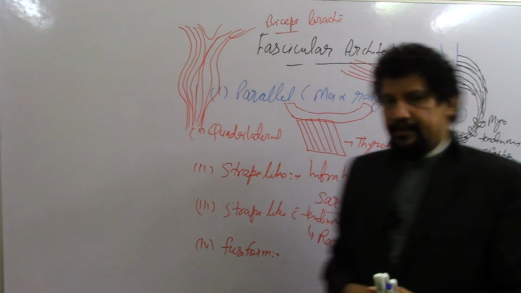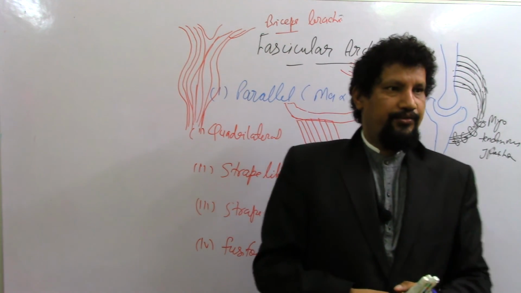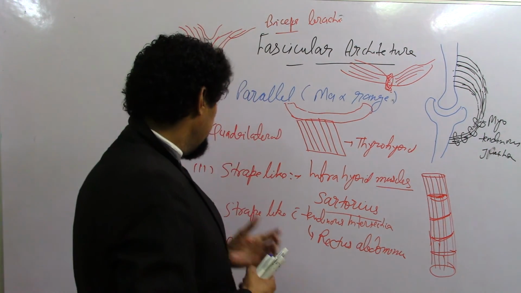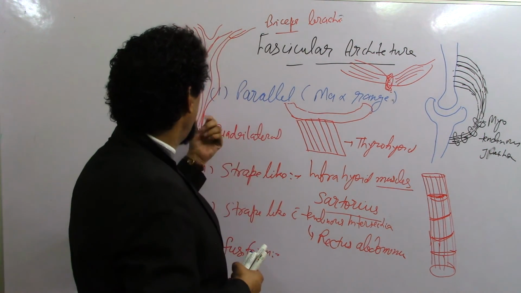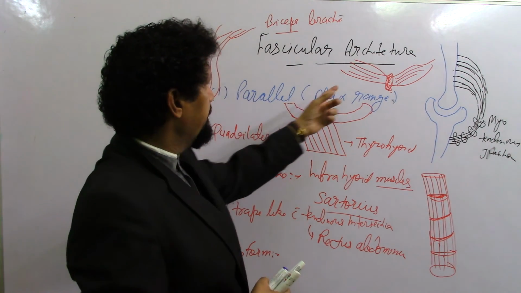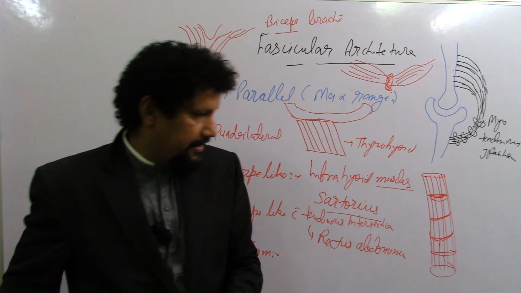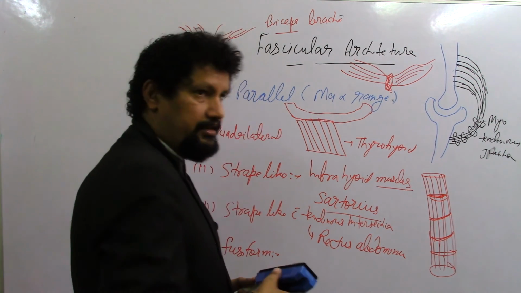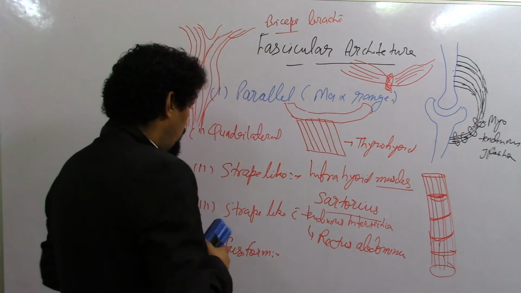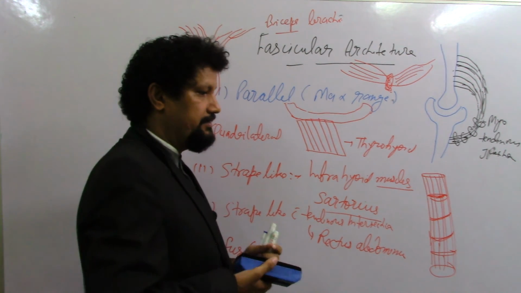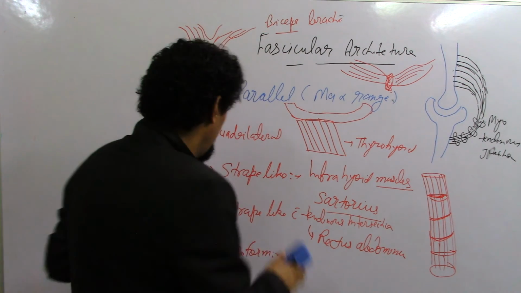The fourth pattern is the fusiform pattern of parallel fibers, seen in the biceps brachii and the digastric muscle. So this is the parallel architecture of the muscle fiber. Now I will talk about the second type of architecture, that is the convergent architecture.